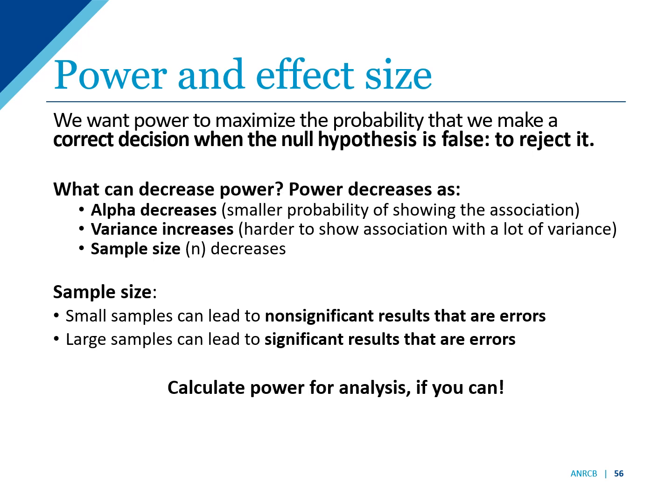As variance increases, as I mentioned, it's harder to show that association with more variance. And as sample size decreases. Small samples can lead to non-significant results that are errors, and large samples can lead to significant results that are errors. So calculate your power for analysis if you can, which is what we'll do in OpenEpi.